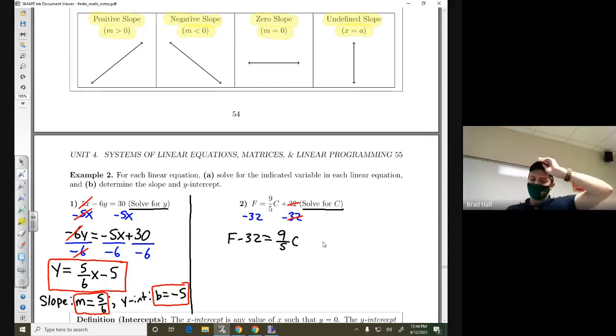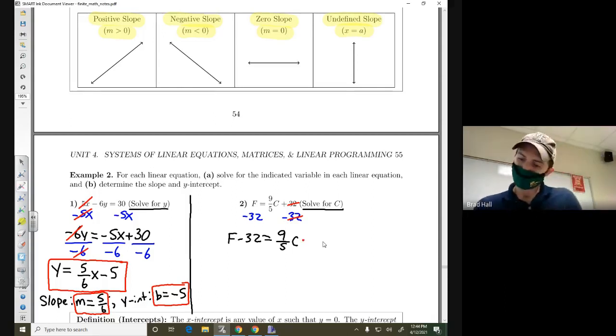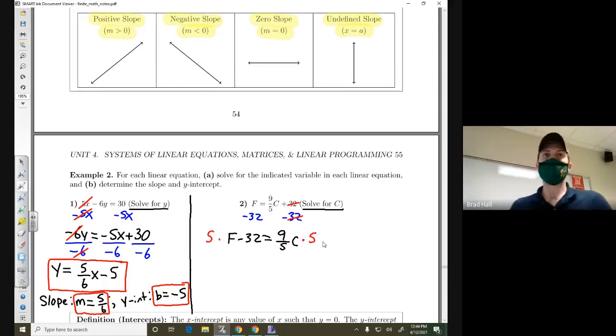But the problem is, they want us to get c by itself, and there's a fraction in the way. Now, normally the way I think about this is I multiply both sides by the denominator. So we can get rid of the denominator down here, the 5s.